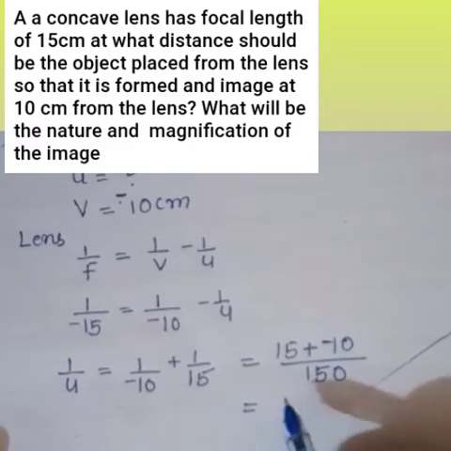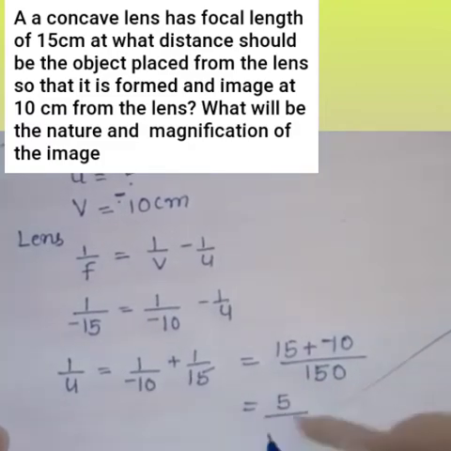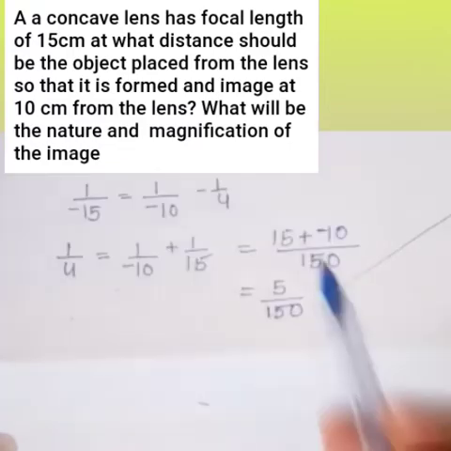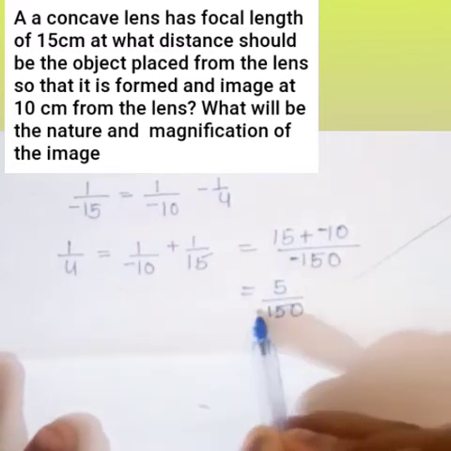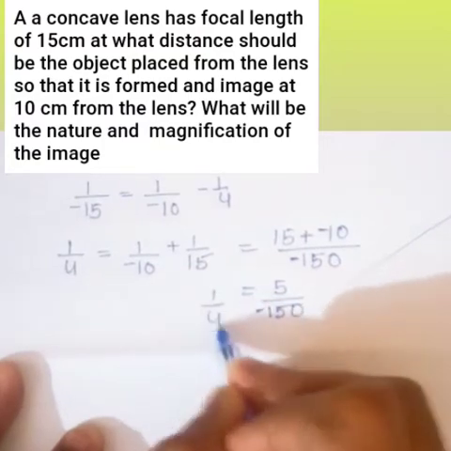15 plus minus 10 is 5, divided by 150. So it is 5 by 150, and also here there is a negative sign, so it is 5 by negative 150. That is, 1 by u is 5 by negative 150.